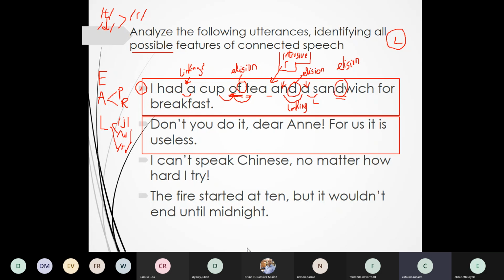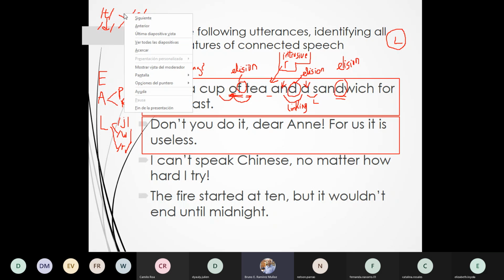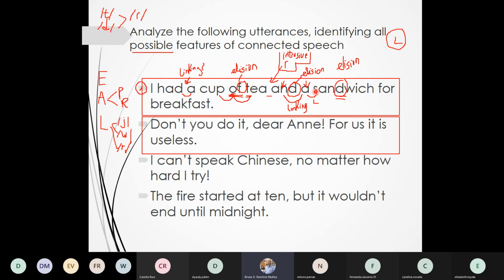Does elision always happen in between of a sentence? For example, it can't happen at the end of a word in a sentence. In the case of sandwich, elision happens within a word, right? In the case of and, it happens within a word, but at the end, not in the middle, as in sandwich, but at the end of the word.